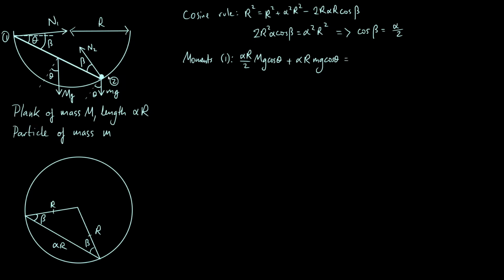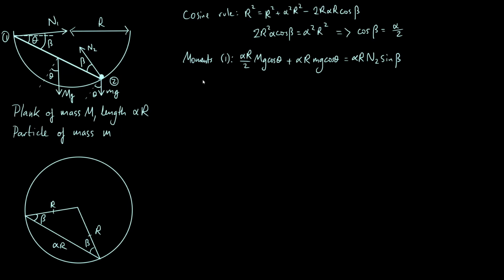That has to balance the n2 force, which provides an anti-clockwise moment about point 1. So the sum of the moments of the two weights has to equal the moment of the force n2, which acts at a distance of alpha r, and to get the perpendicular component we multiply n2 by sine of beta. There you go, that's the balance of moments around point 1.